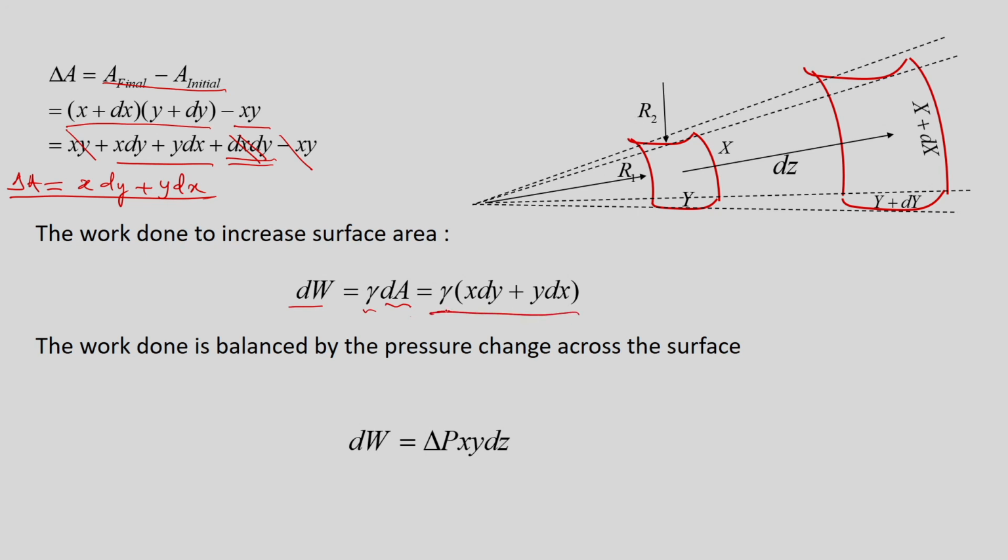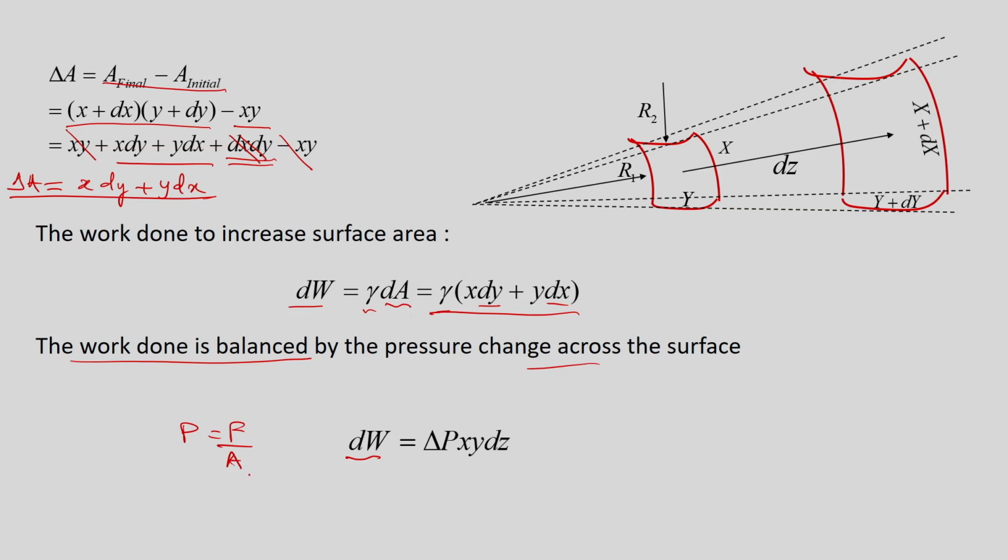Now, but still we are not anywhere close to the solution. What do we do with this dy dx? Because the work done, as you know, is balanced by the pressure change across the surface. So, whatever work I am doing for increasing its surface, it is nothing but, you have force, pressure is equal to force per unit area.